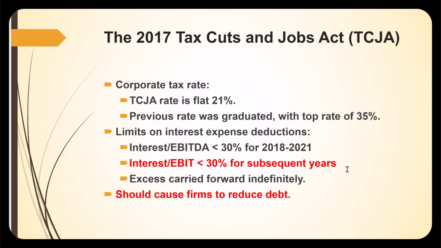So the rule says a company cannot deduct more than 30% of its operating profit as an expense. If there's extra, they will carry that forward indefinitely. But when we move to the next year, the interest expense for next year plus this excess carried forward again cannot exceed 30% of EBIT.